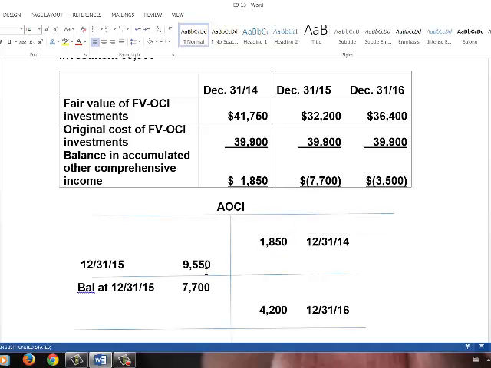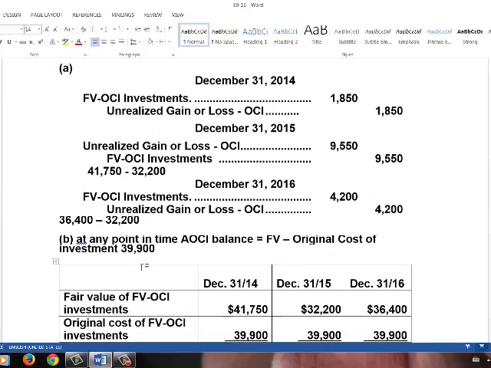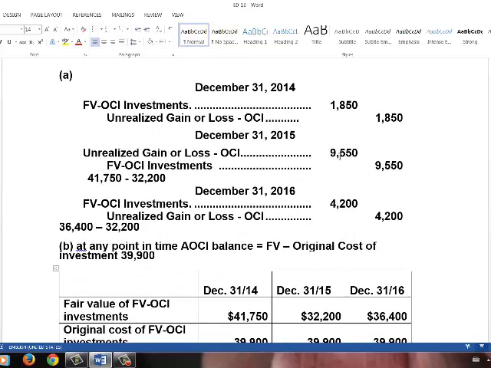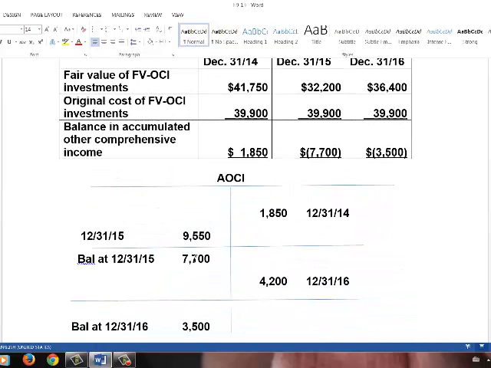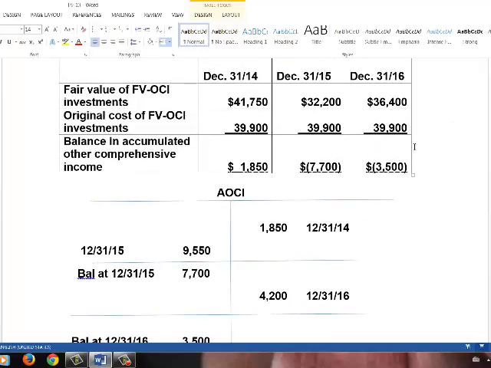Now, how much did I put in it in 2015? Well, go up here. I dumped a debit into it of $9,550. So I booked an unrealized holding gain or loss debit, which is a loss. So I debited the AOCI for $9,550. That gives me $7,700, which is the same number I calculated here when I took the difference between the original cost and the fair value at the end of December 2015.